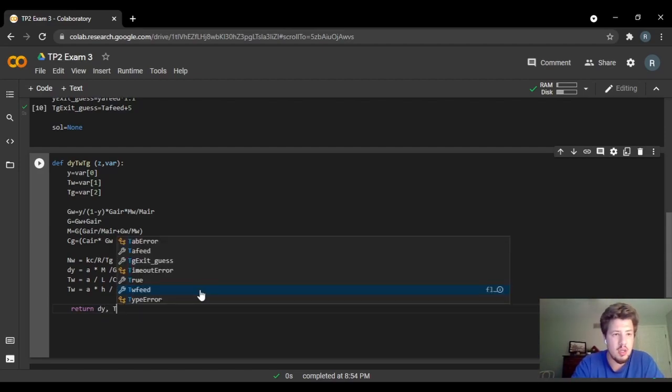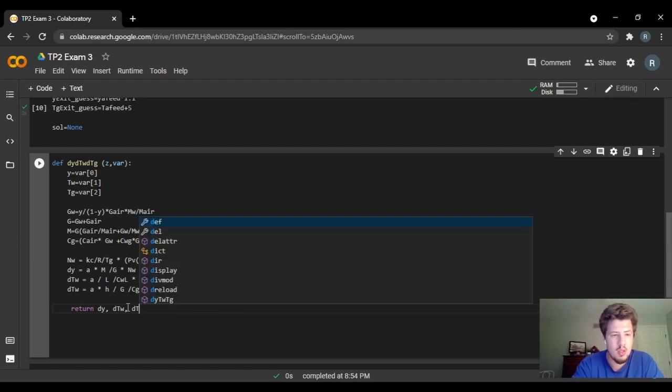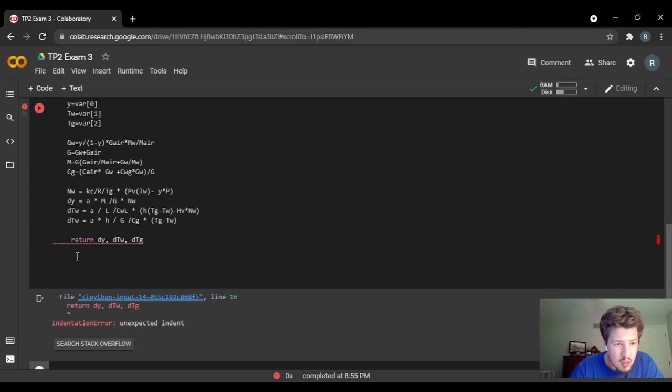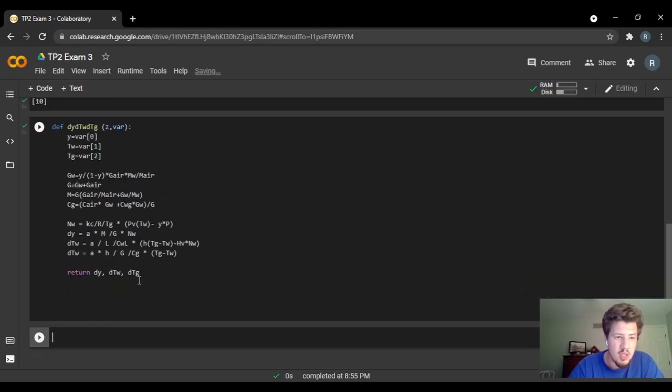So I need to make sure that we have, I feel like TWG might get confused, so let me call it the D, just because it's the derivative. So just quickly did that. Return was not, here we go. Indentation. Didn't like the indentation.